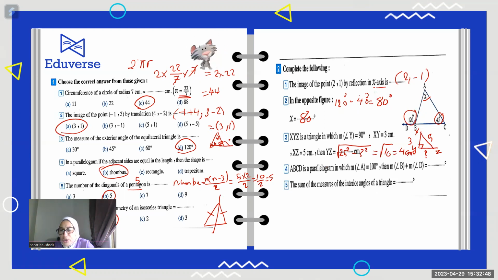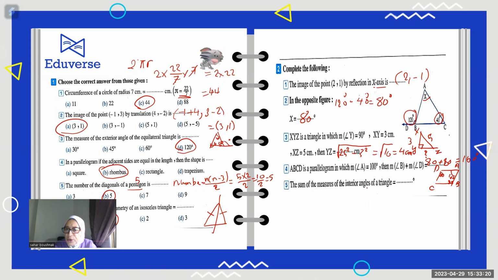ABC is a parallelogram in which angle A equals 100 degrees, and the measures of angles B and C are equal. So in the beginning, I will draw a parallelogram. This is 100 degrees. Because two consecutive angles are supplementary, this one will be 80, and the two opposite angles are equal, so 80 plus 80, I will get 160.